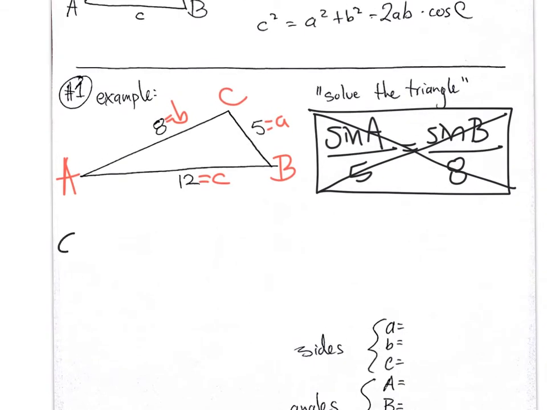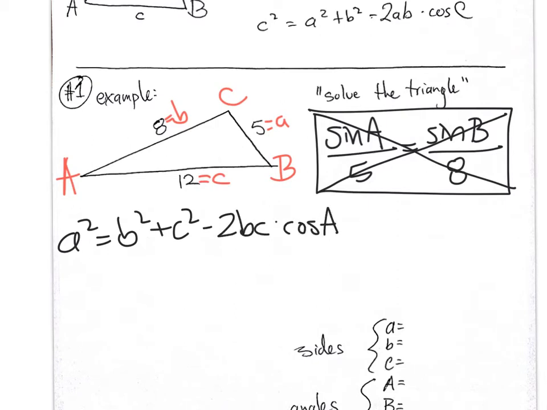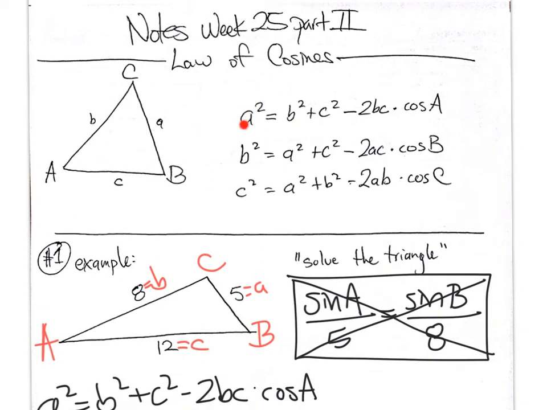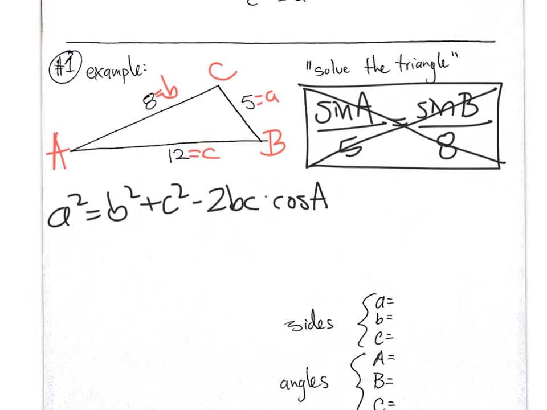So we could say a squared, we're using this one, a squared equals b squared plus c squared minus 2bc times cosine of A. Something that I use to help me remember these is if this is your side, this is your angle. If this is your side, this is your angle. This is your side, this is your angle. And then the other variables are thrown in there.